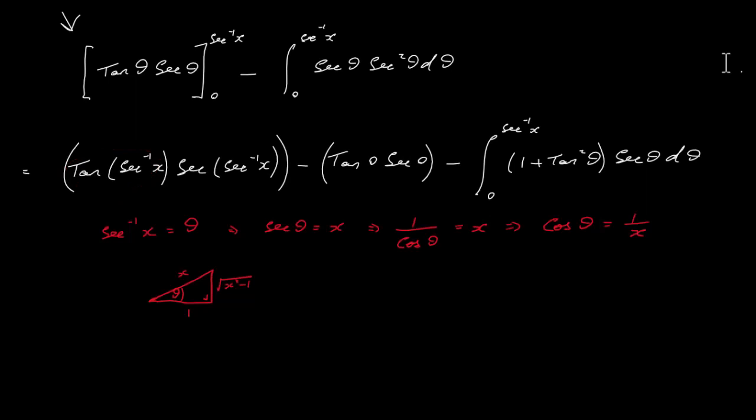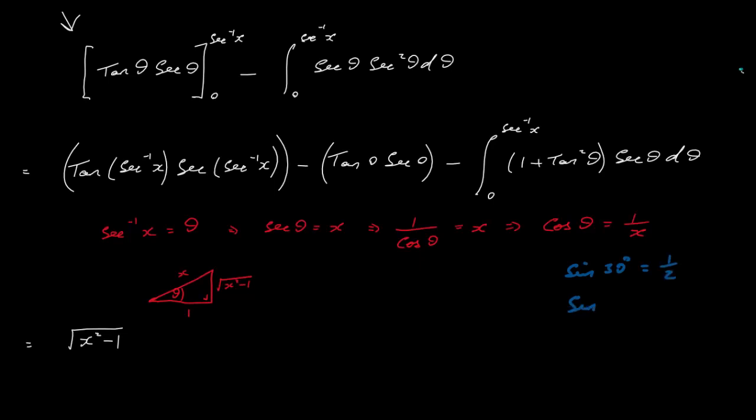Okay, so let's do all of that. We have tan of sec inverse x, so that's tan of theta. That's all going to become the square root of x squared minus 1 over 1. And then we have the sec of the sec inverse of x. If you think about, for example, the sine of 30 degrees, we know the sine of 30 degrees is just a half.